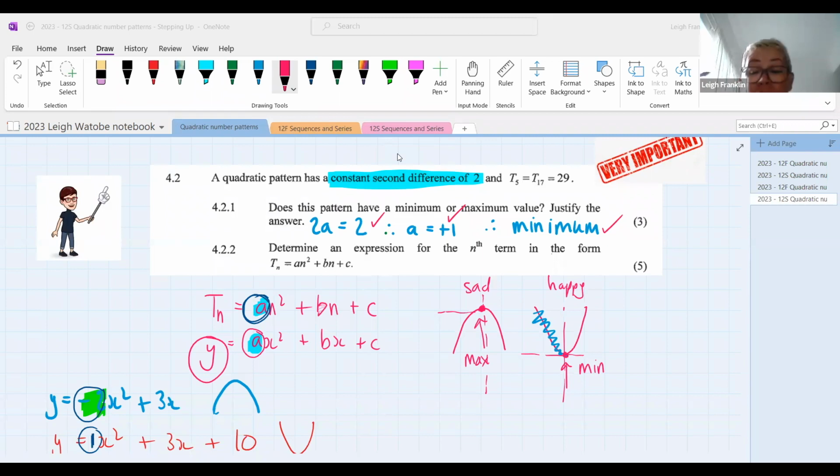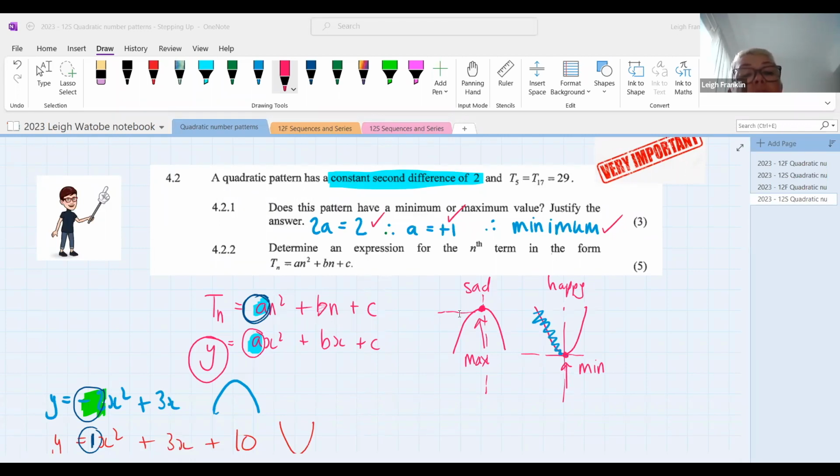No, absolutely not. Isn't that interesting? Because not only when they give us a question, we have to pick out, when we're answering a particular question, what bits of the information that's been given to us are relevant to that particular question. So yes, we are not looking at T5 equals T17 equals 29 to answer question 4.2.1.